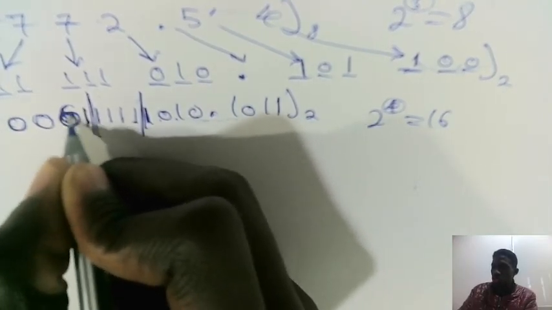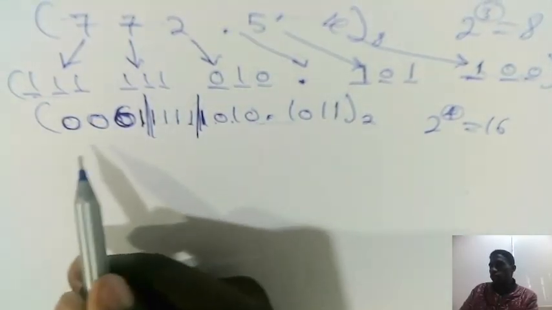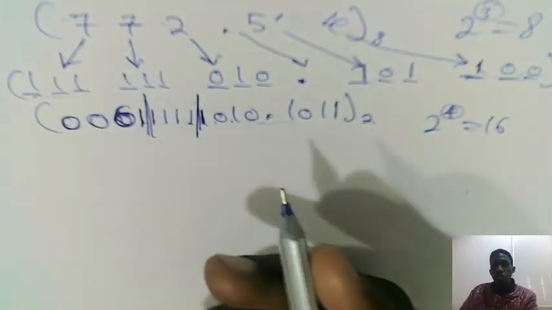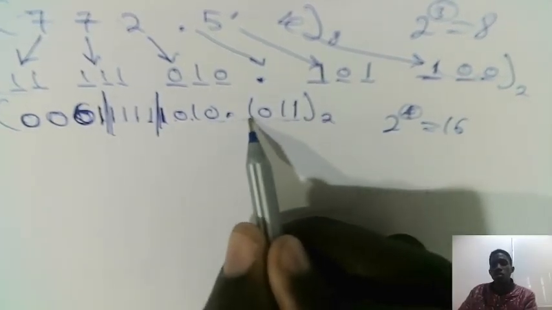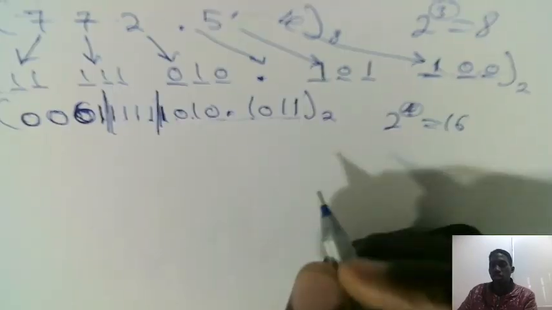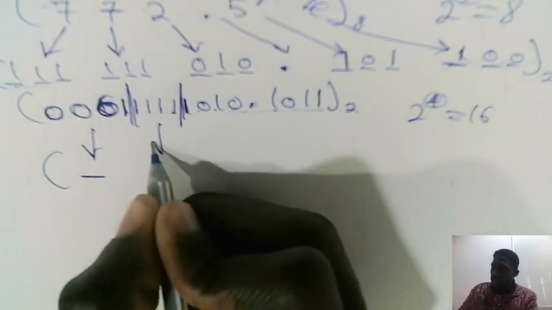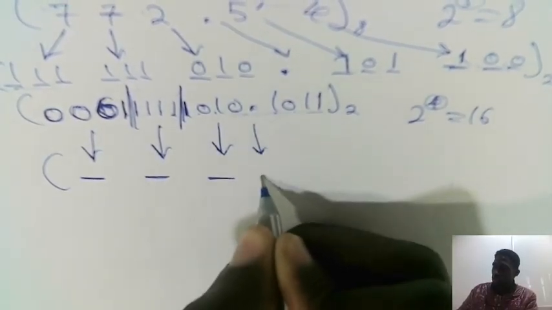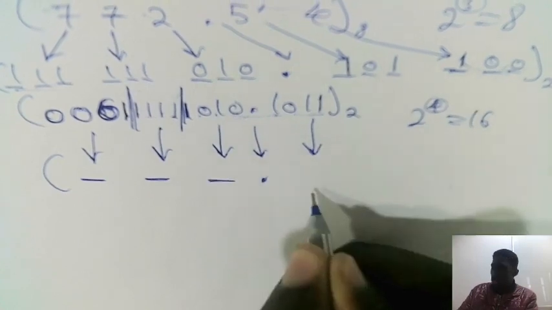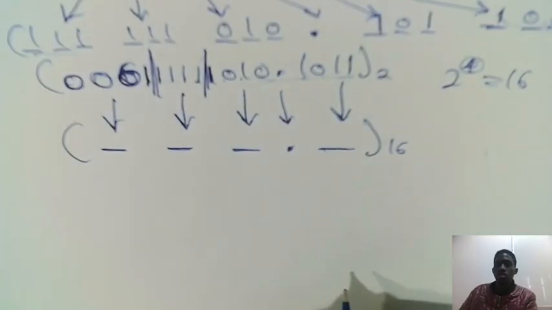You can actually do that, 3 zeros to complete the group of 4. By adding 3 zeros, I've completed that group of 4, and then over here I just have a group of 4, right? 1, 2, 3, 4. That's what I need. So each one is going to give me a digit in base 16. The decimal point comes here. Each group is giving me a digit in base 16, giving us a final answer.